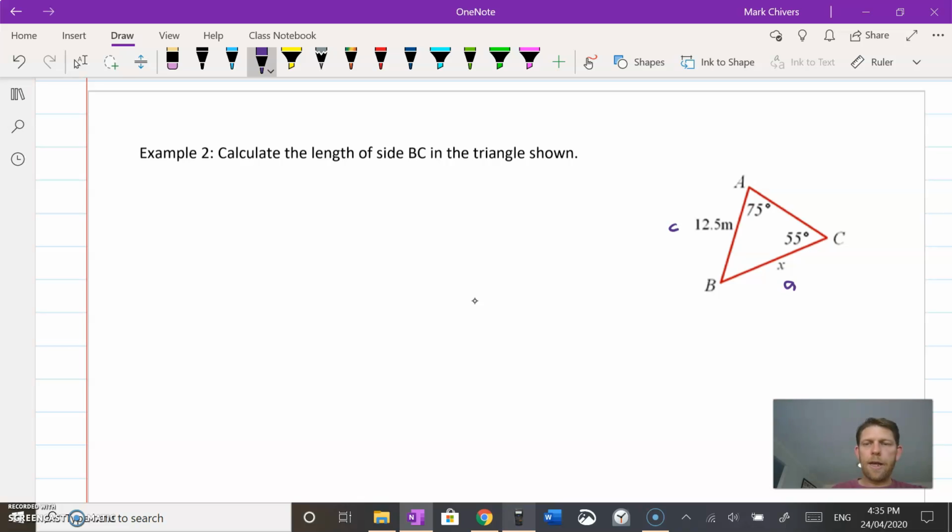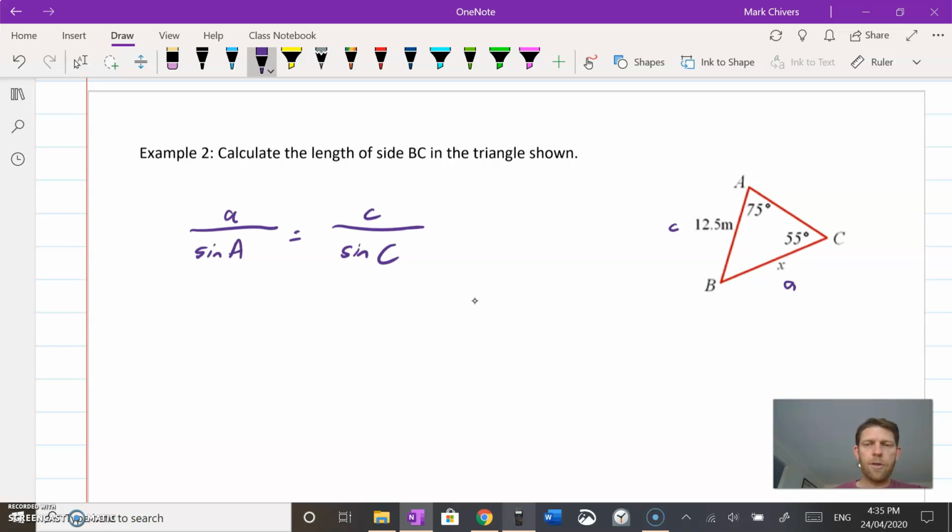So in this particular case, we want to put our unknown at the top left. So we'll have A over sine A equals C over sine C. Like I said, we only need 1 pair, so we don't really care about B in this case. There's nothing interesting about that one in this particular question.